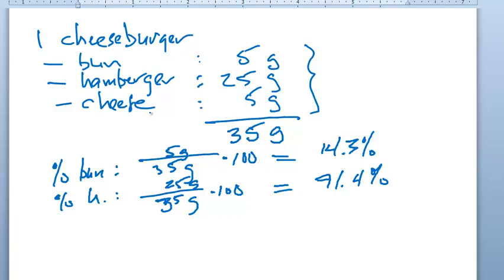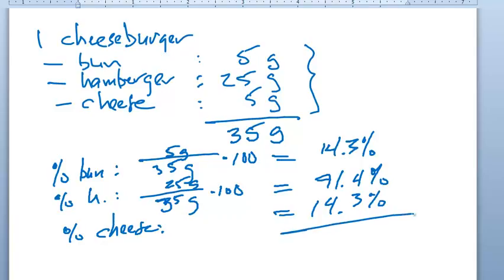And we know that since the cheese has the same mass as the bun, the percentage would be the same, 14.3%. Okay, so that's the percentage from the cheese. And when you add all that up, it's going to come out to be 100%, which it has to.